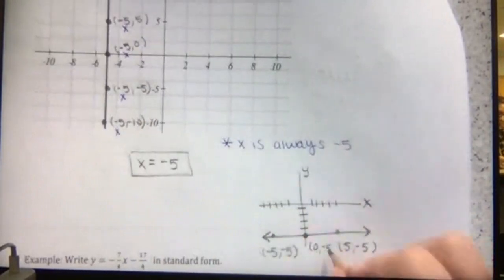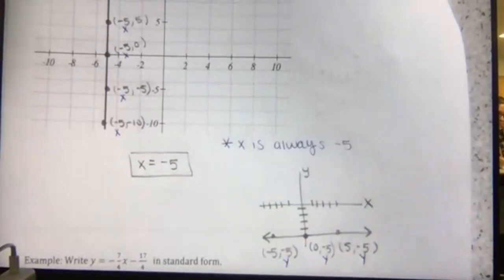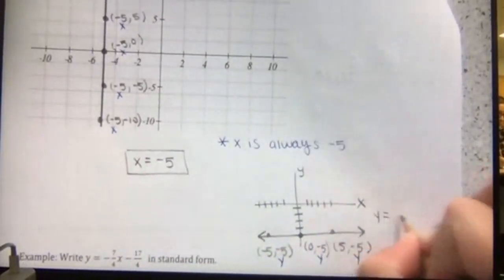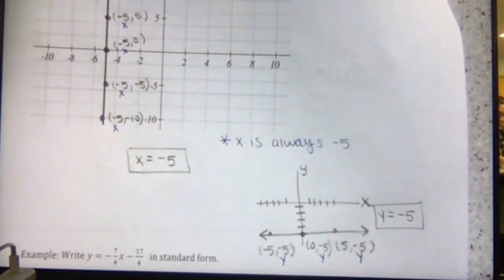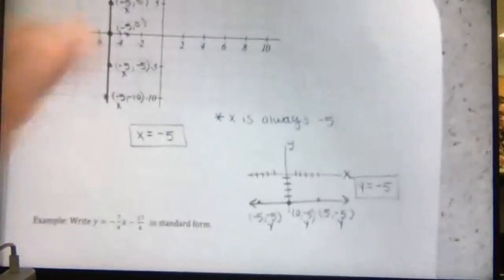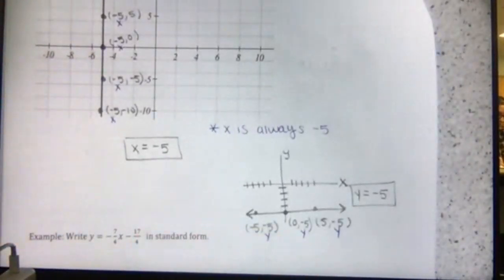So for this one, no matter what, our y value is always -5. So for this line, it would be y equals -5 as our answer. So straight up and down is vertical, which will give us x equals, and horizontally across will give us y equals. Do you have to memorize that? No. Look at your points, and it'll tell you which one is which.